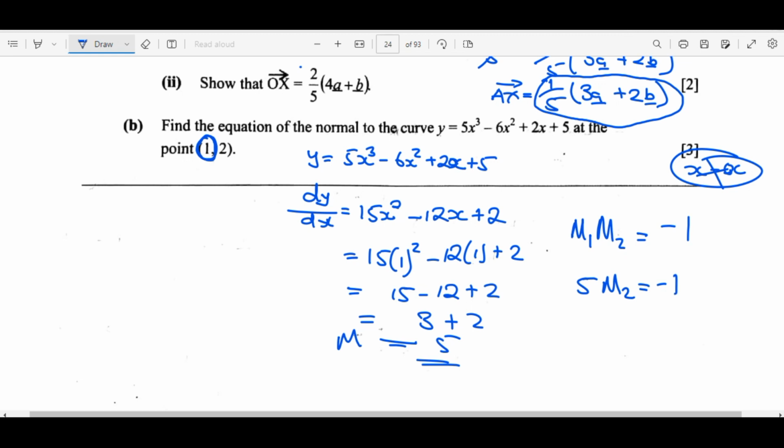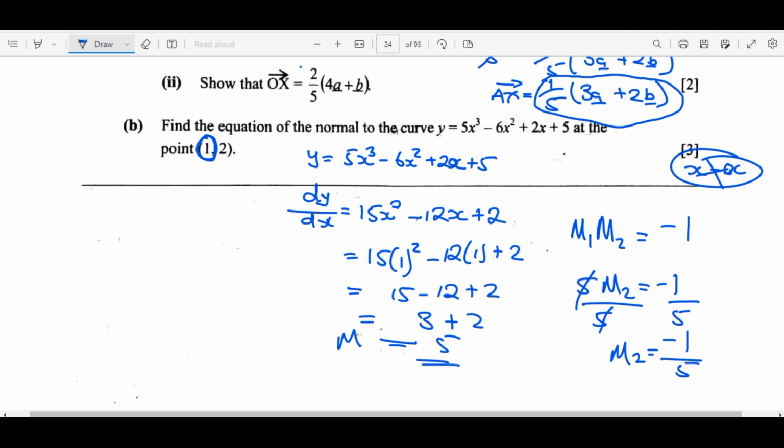So we can solve for that, so we would say 13 by 13. So meaning that gradient 2 we've found is negative 1 over 13.